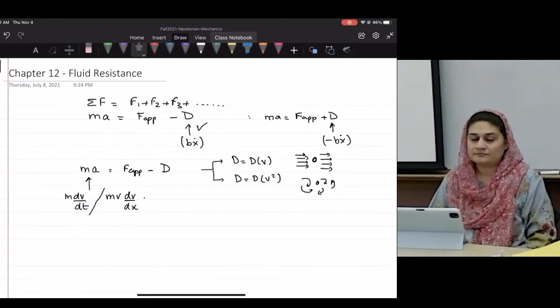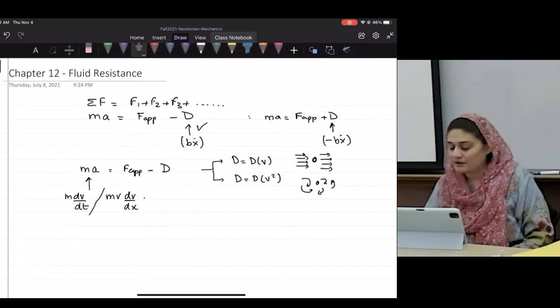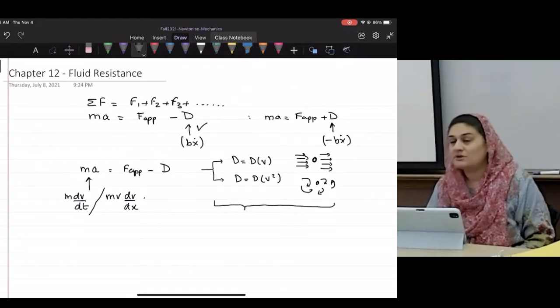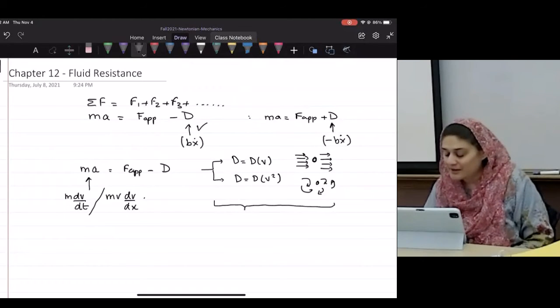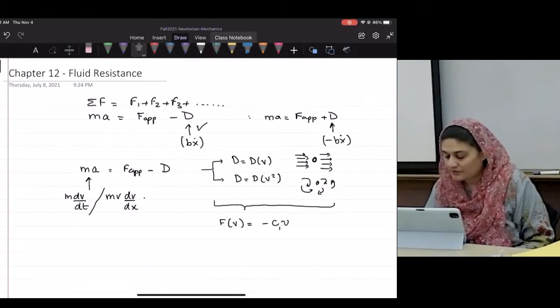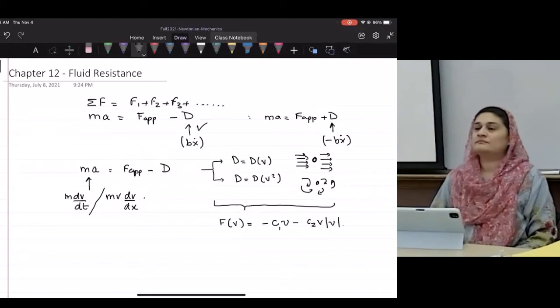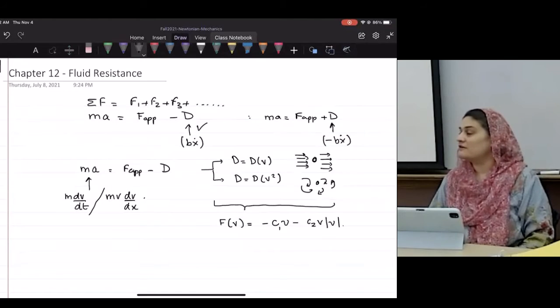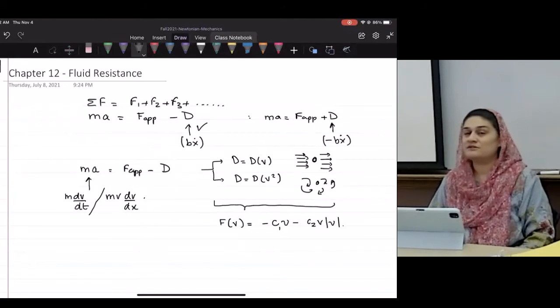Okay. So together, these two scenarios can be written as this. You'll see this here. Why? Because the first is a function of v and the second is a function of v squared.